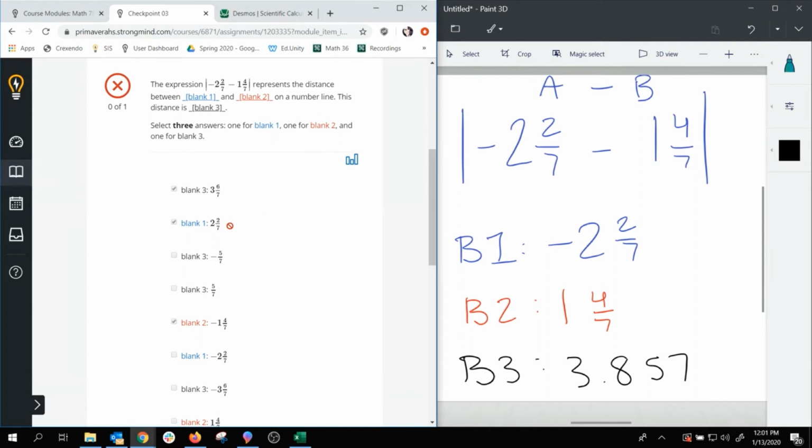And it looks like for blank 1 and blank 2, you had the right numbers. You just, for blank 1, you forgot that negative, and for blank 2, it should be the positive one. So I'll give you a second to make sure that you have each of the answers, because this one is a lot to look at.